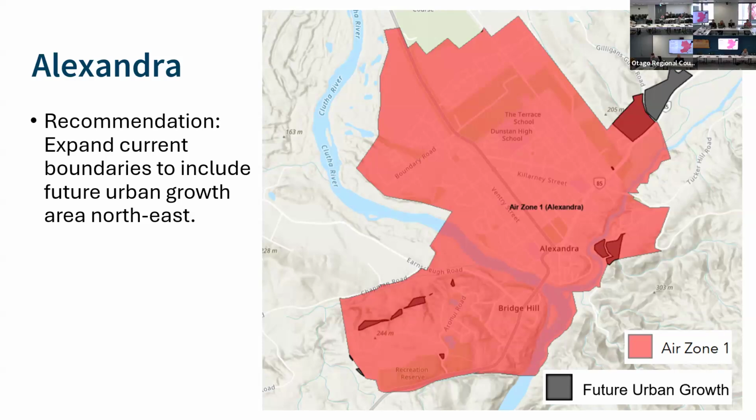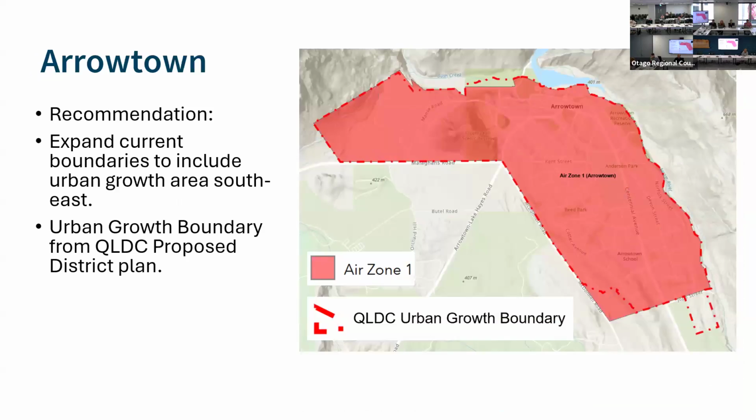Great, I'll move on to the next map. Here we have Arrowtown, and we've used a different layer here, which is the QLDC urban growth boundary from the proposed district plan. It just shows a little growth in the bottom right-hand corner. Actually, a little bit at the top as well, so I guess we would propose taking the wider of the boundaries and creating a new boundary for Arrowtown.